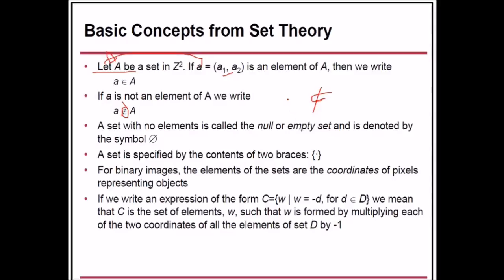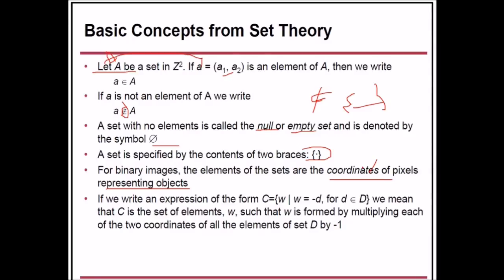A set with no element is called a null or empty set, which is denoted by this sign phi. The set is specified by the contents of two braces, and all elements are written here using commas. And for binary images, the elements of sets are the coordinates of pixels representing the objects.